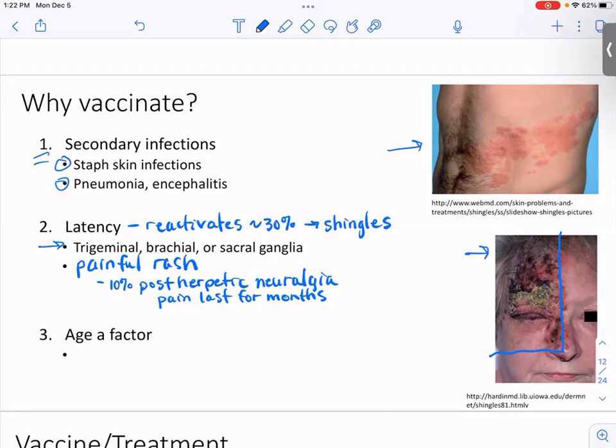Somebody with shingles, they can't give shingles to somebody else, but if they're around, say, a baby that hasn't been vaccinated for chickenpox, they can give chickenpox to that baby. Okay, so really when you think about, we'll talk about the vaccine in a minute, it's more of a shingles vaccine anyway, it's kind of more of a personal decision.